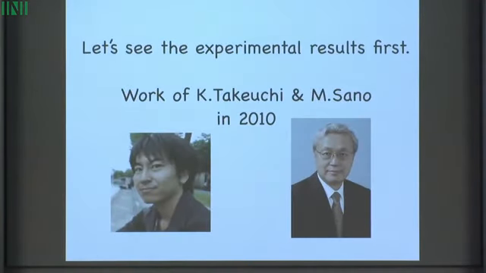So what I want to show first is the experimental work of Takeuchi and Sano. There was work before this. Of course, once the KPZ equation was produced, the experimentalists wanted to see if they could measure something in the laboratory.